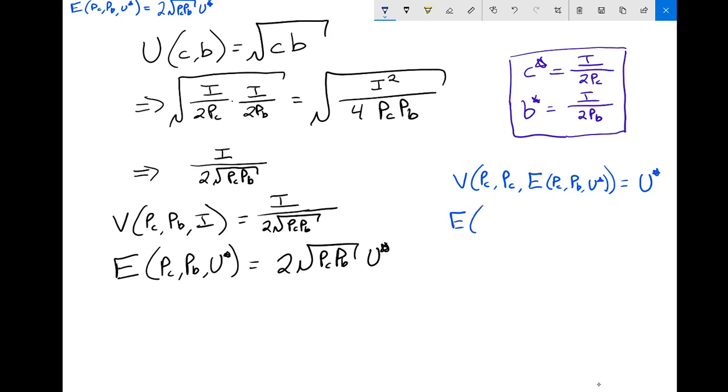And the expenditure minimization problem evaluated at the utility level of the indirect utility function is equal to I. I'm just going to show that this is true, and then we'll be done. Actually, I'm just going to show it for the first one. That should be sufficient.